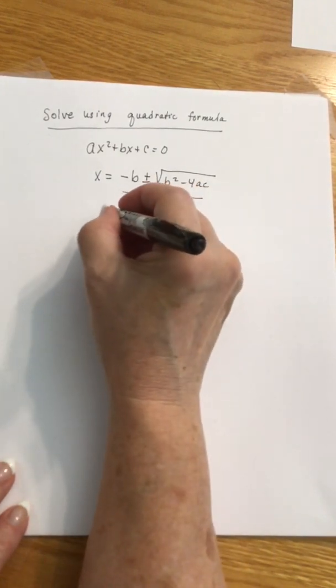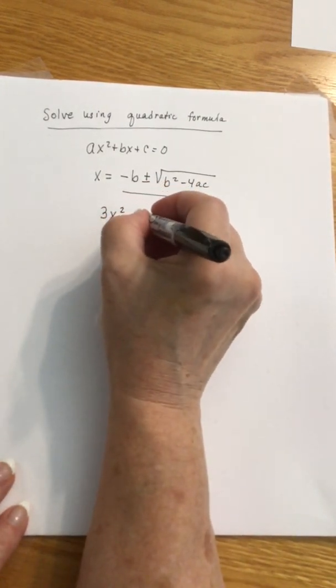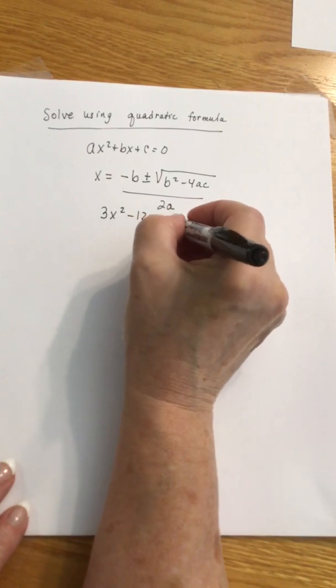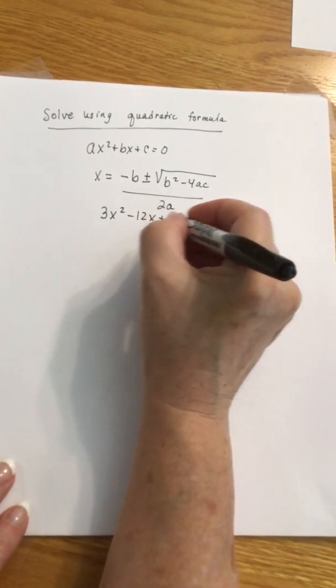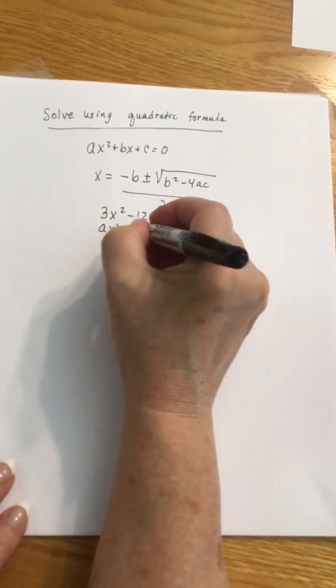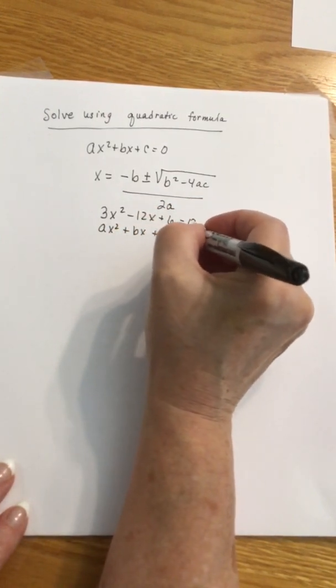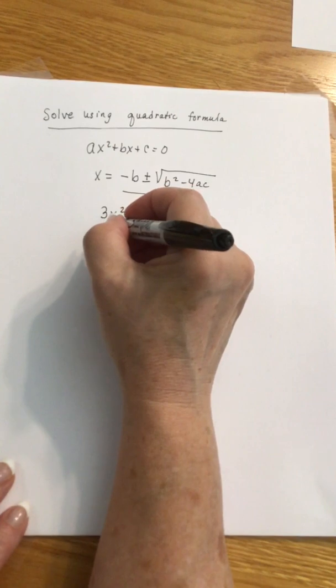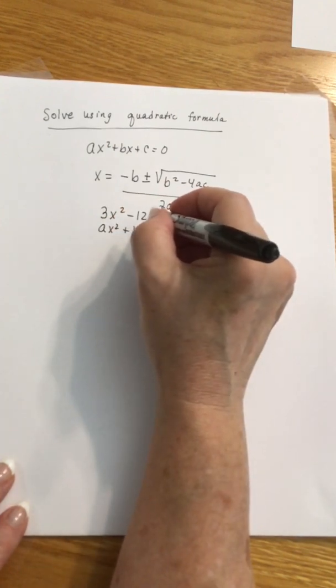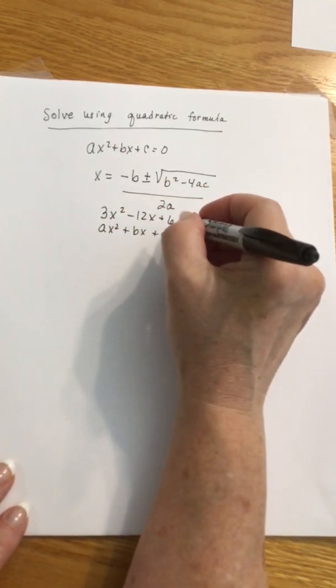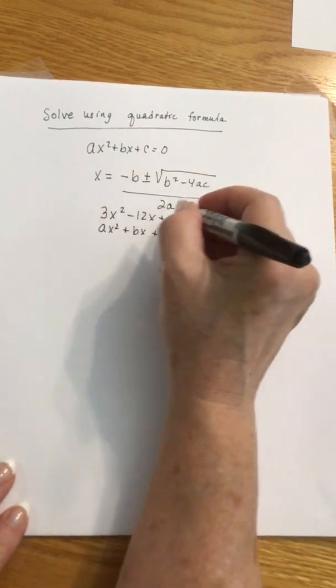From our previous example, we've got 3x squared minus 12x plus 6 equals 0. So ax squared plus bx plus c equals 0. Our a is going to be 3, our b is going to be negative 12, our c is going to be 6, and then we plug it into the formula.